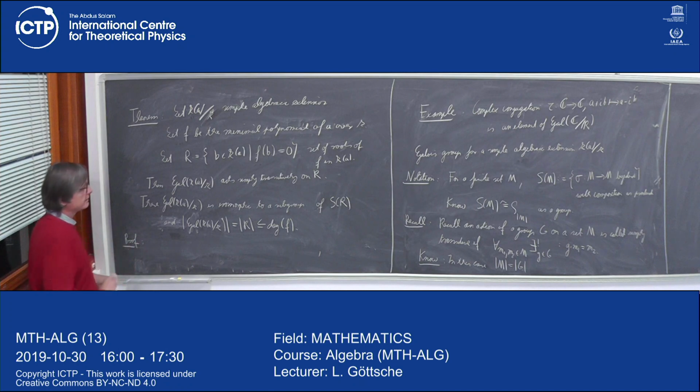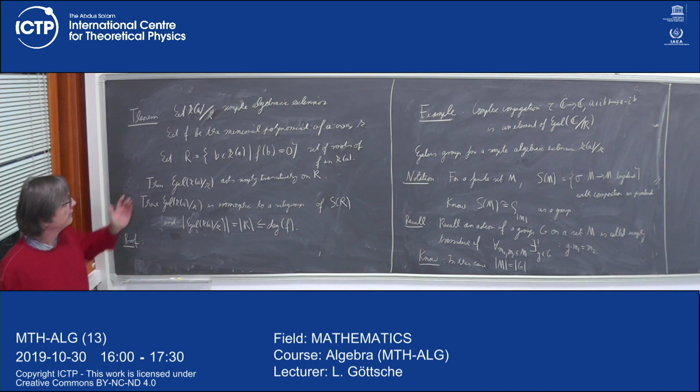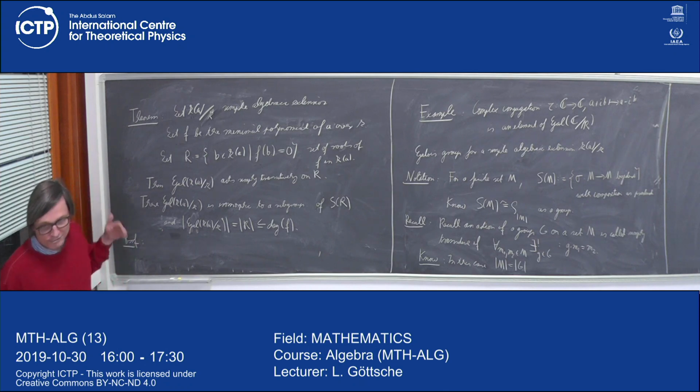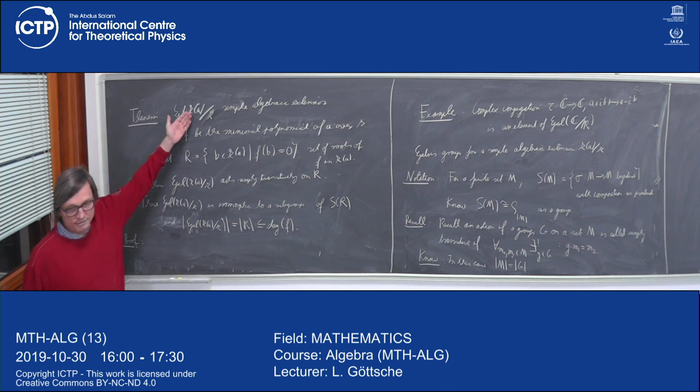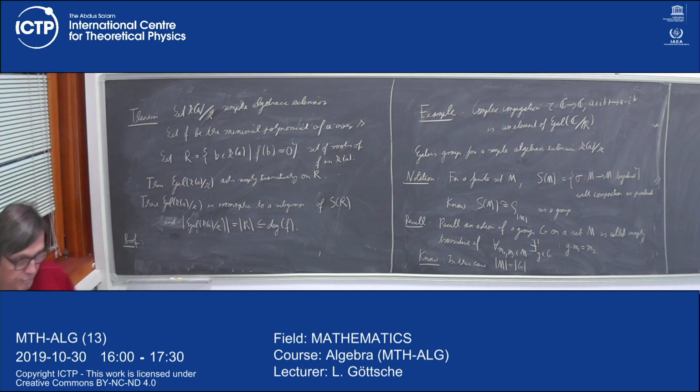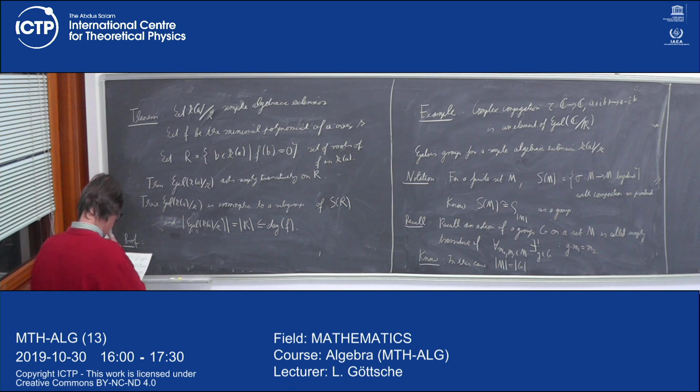And again, this is one of the reasons why we like simple algebraic extensions, because in this case we can say a lot about the Galois group. And because of this, we also like the theorem of the primitive element, because it says all finite separable extensions are simple, so in some sense they can always be described in this way, although that's a bit inexplicit.